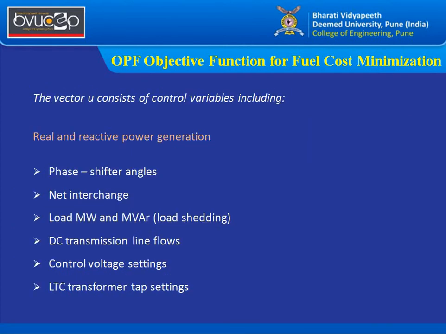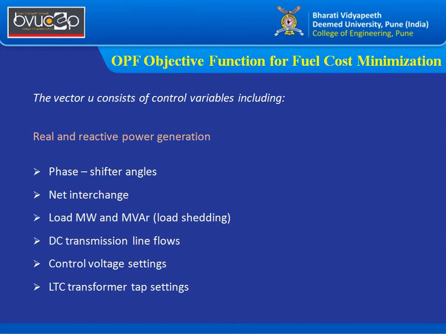In the next we can see the vector u, which includes the variables, as I've mentioned, certain limits on the operating conditions that we are going to consider for real and reactive power generation, that can be in the form of phase shifter angles, that is through the governor action.